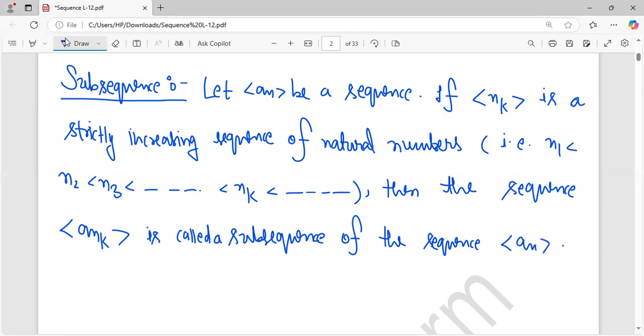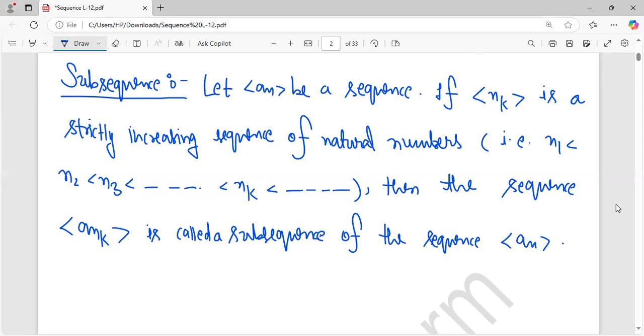So there can be infinitely many strictly increasing sequences of natural numbers, and so there can be infinitely many subsequences of a sequence.